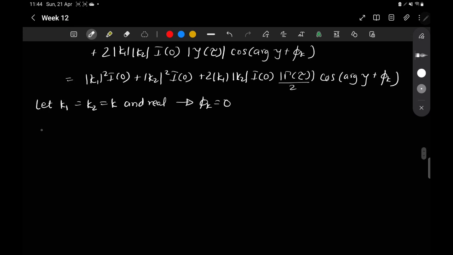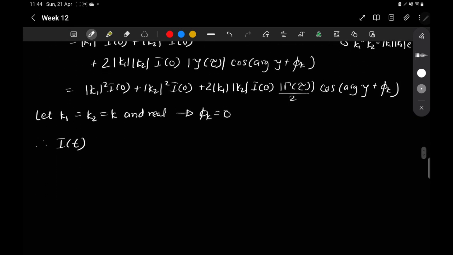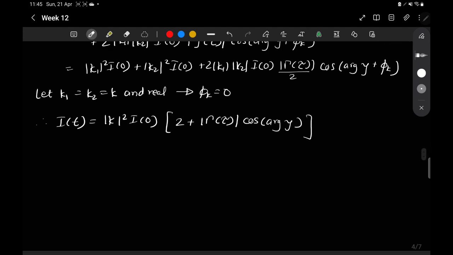In such a situation, the intensity becomes the following. That's the intensity.